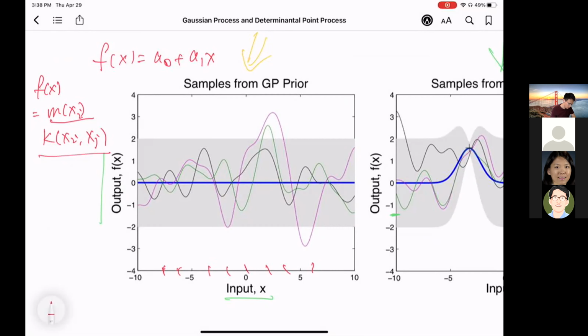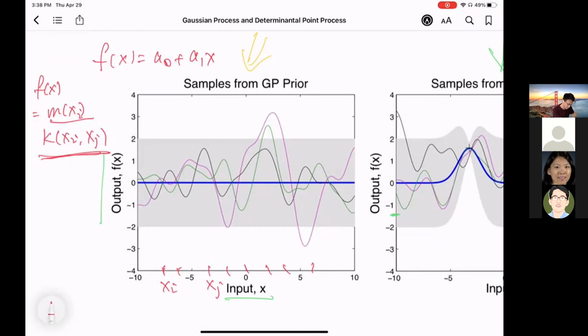Oh, it's not just a pair. Is it a pair or is it multidimensional? It's multidimensional. So if this is xi, this is xj, I can compute k(xi, xj).